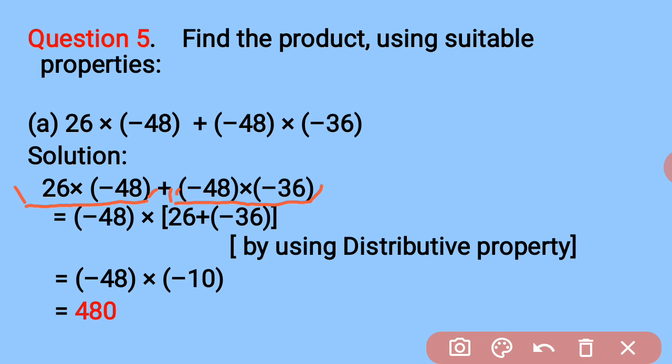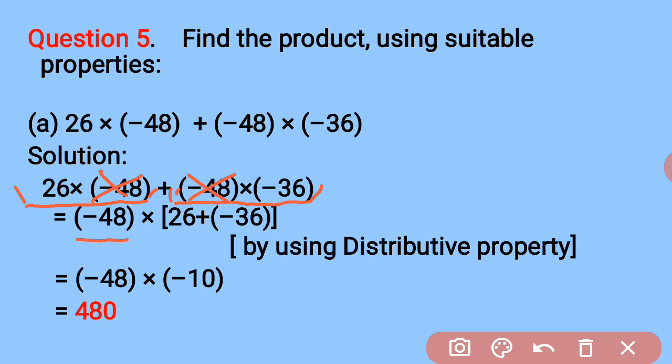In both the trays, you will see that minus 48 is common. So children, take that minus 48 out. It is now out. Minus 48 is out. Here also minus 48 is out. Where is it? Yes, it is written here once, outside the tray.